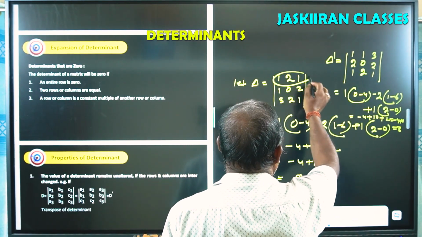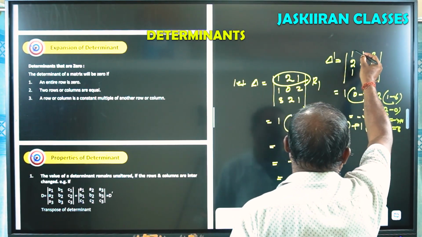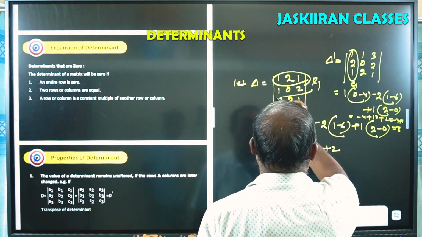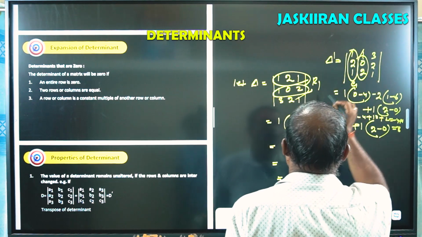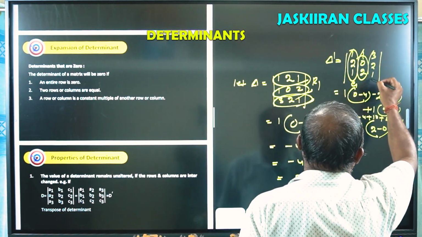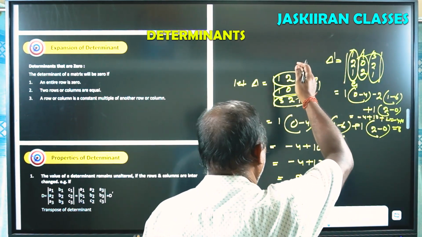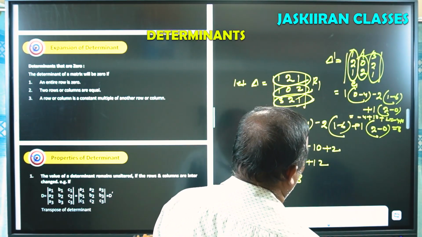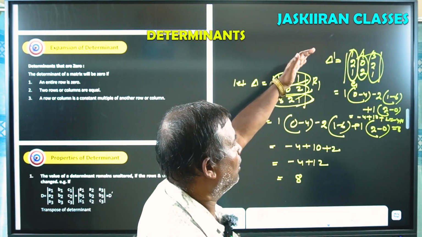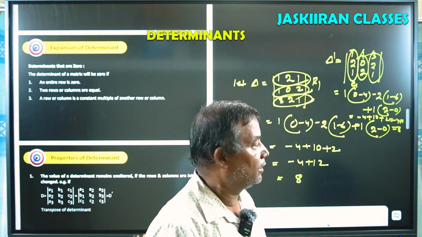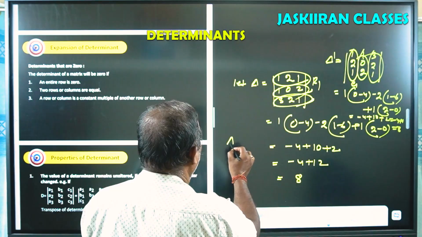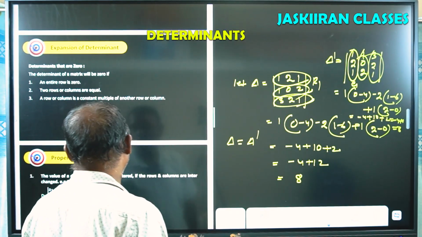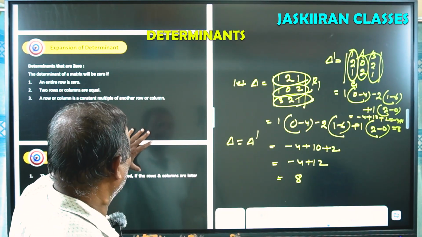Expanding along R1 and interchanging, R1 becomes C1, R2 becomes C2, and R3 becomes C3. Expanding along a row and then interchanging its position, rows into columns, the value of the determinant is also the same. So del equals del dash. That is the first property of the determinant.